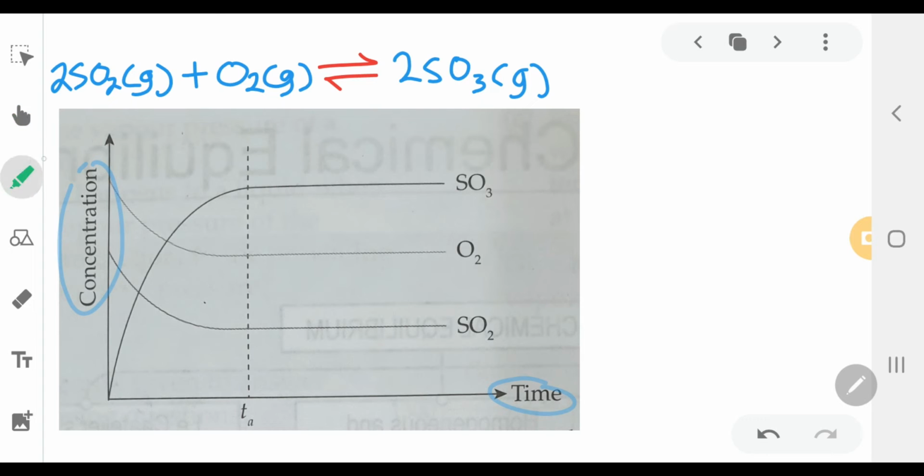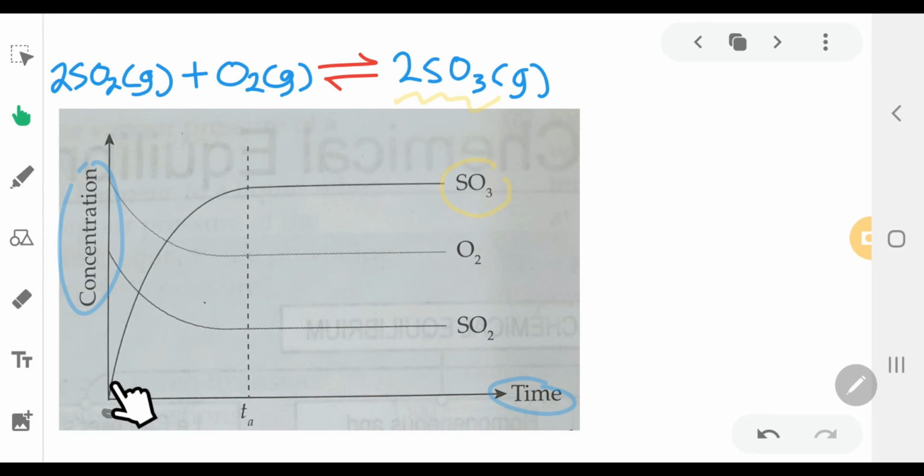When you look at SO3, SO3 is your product right there. And at time 0, you can see that SO3 is not being produced yet.